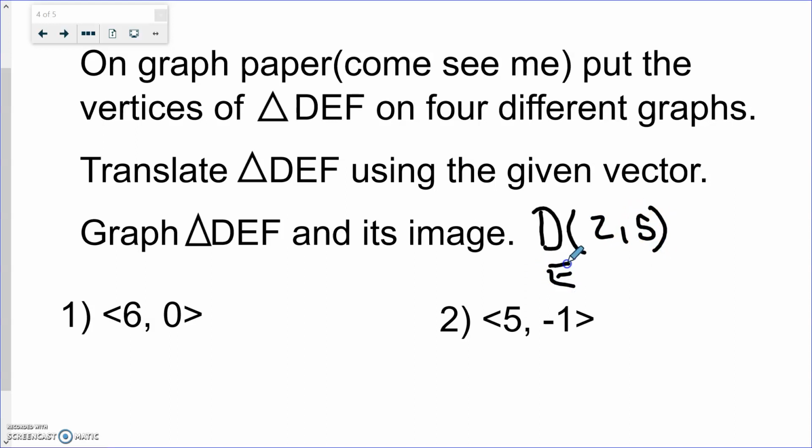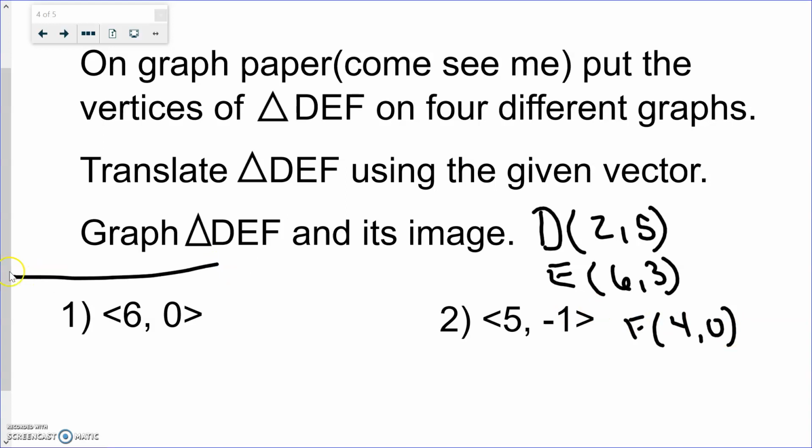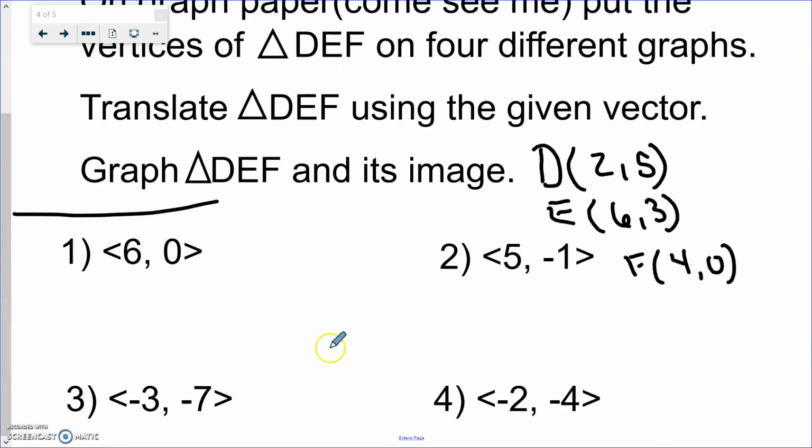E is at 6, 3. And F is at 4, 0. Put those original points and then translate it each time using these 4 vectors.